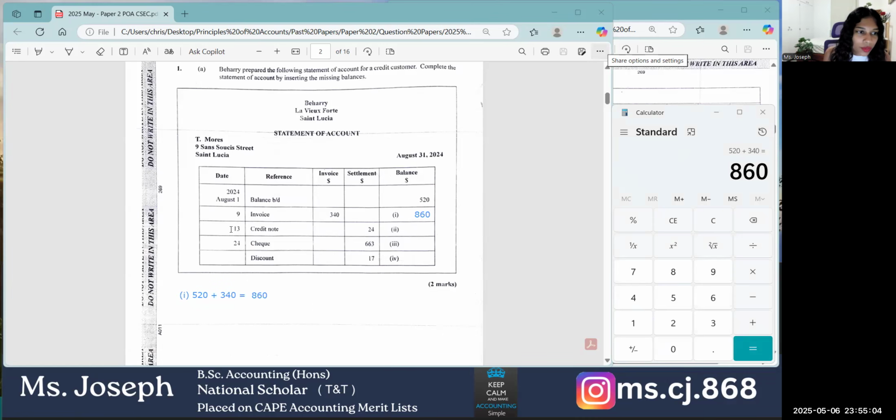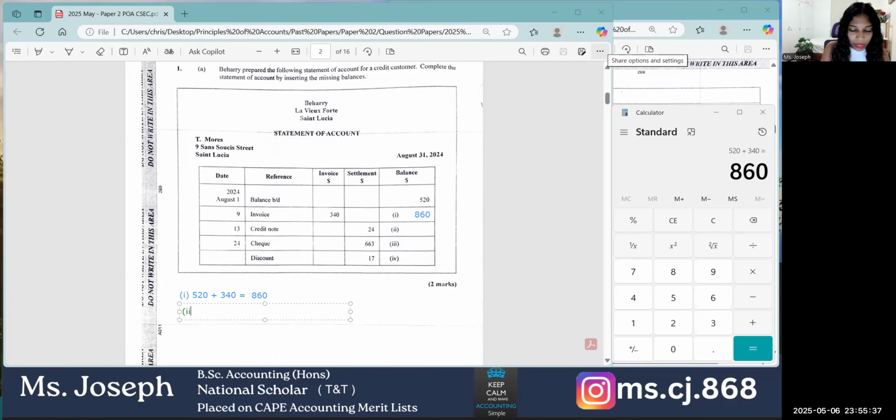August the 13th, we have a credit note. Credit note is another source document. What happens is that when a customer wants to return an item, they return the item with a debit note. When the supplier, who would be us or Bihari, receives those returned goods along with the debit note, we issue a credit note to acknowledge that we will be giving a refund or allowance based on what is returned.